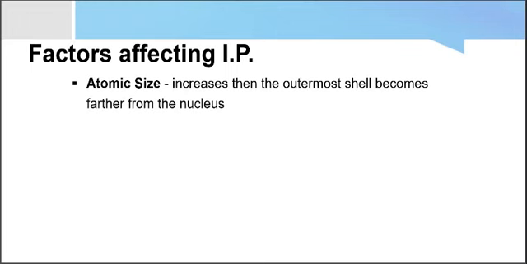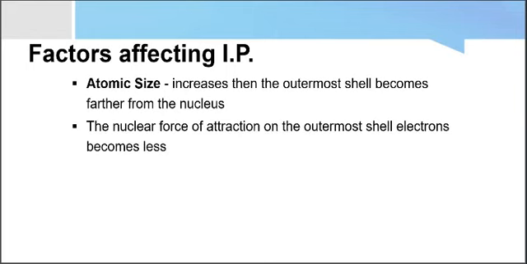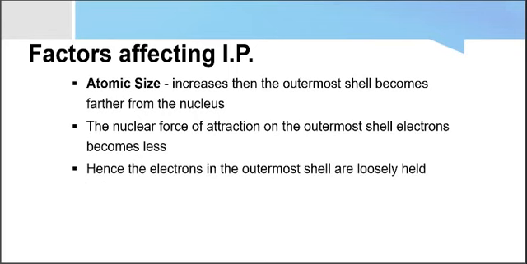When the shell becomes far from the nucleus, the electrons in the outermost shell will have higher energy. Secondly, the nuclear force of attraction on the outermost shell will be very less, because it has become far from the nucleus. So it will already have very high energy, and it will have very little force of attraction.